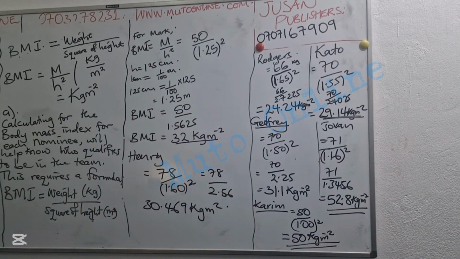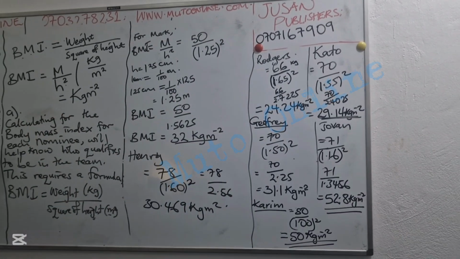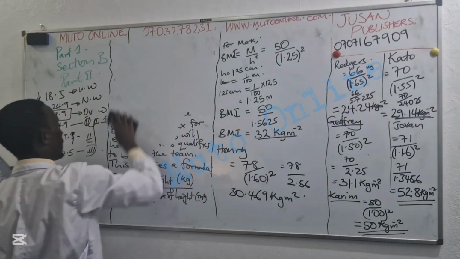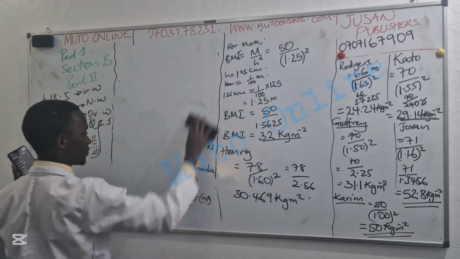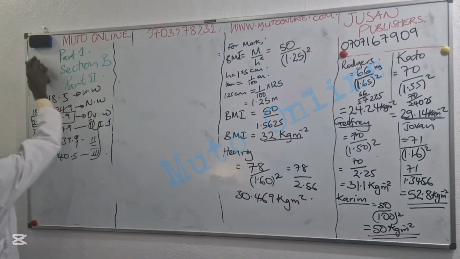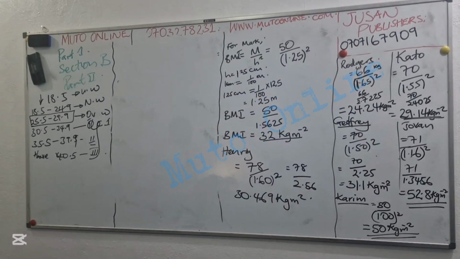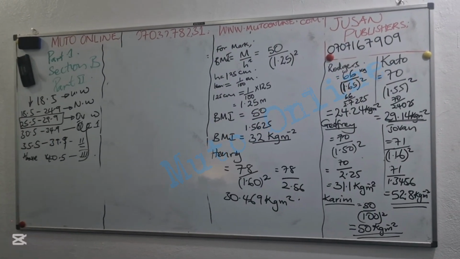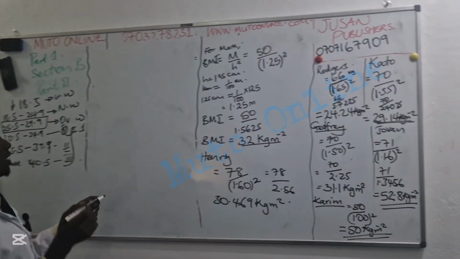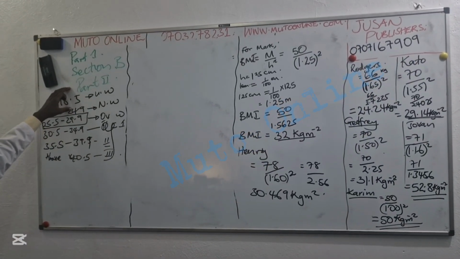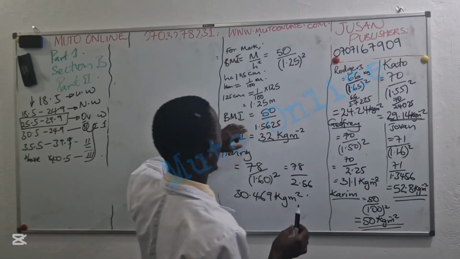Then basing on the chart that is in the sports office, let's look for those who are underweight. Those below 18.5. Do we have anyone below 18.5?